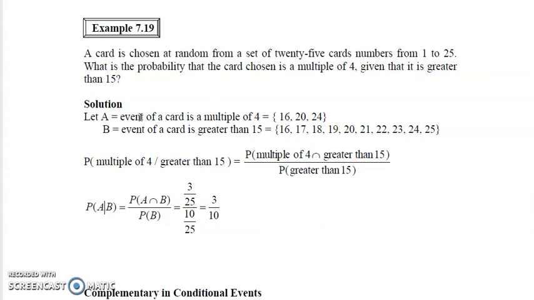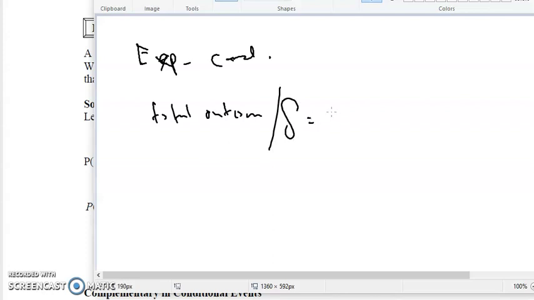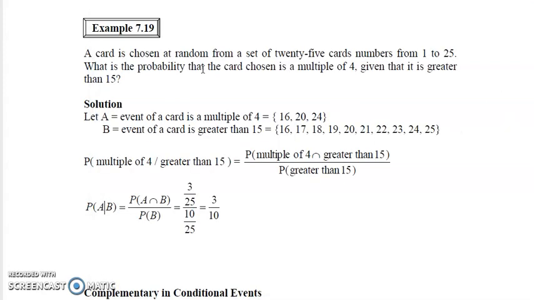So the total outcome, in this case the experiment is the card, so the total outcome or sample space is from 1, 2 up to 25. Next, what does it say? What is the probability that the card chosen is a multiple of 4?